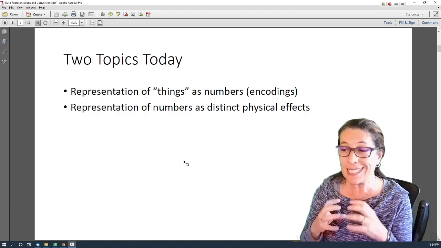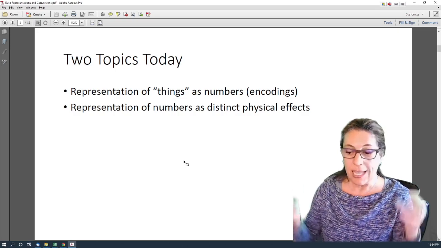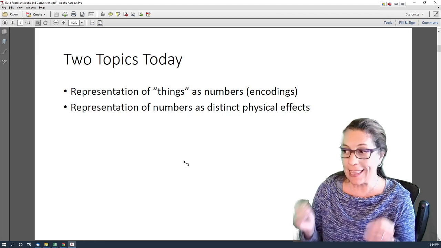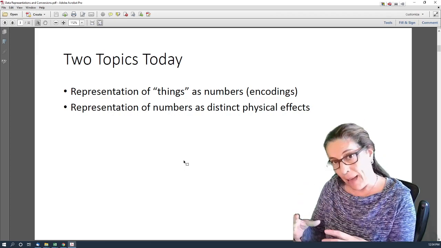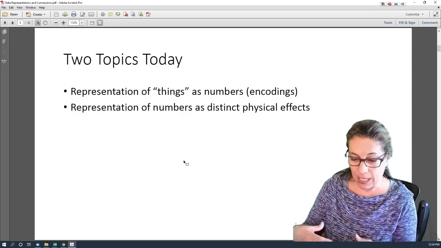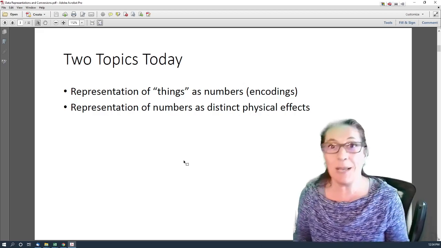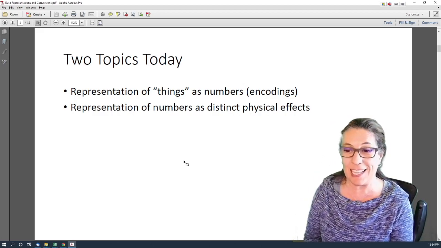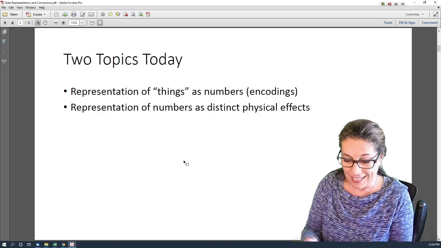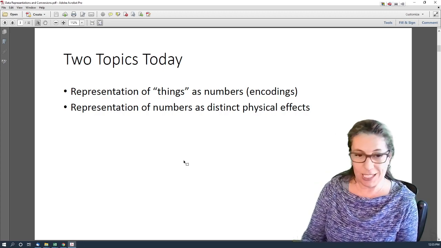It's really two things that are going on. One is the encoding of the things that we care about as numbers. And then there's a second mapping, which is encoding those numbers in some manner that can be represented in physical quantities that can be manipulated by physical hardware. So that's what we're going to talk about.